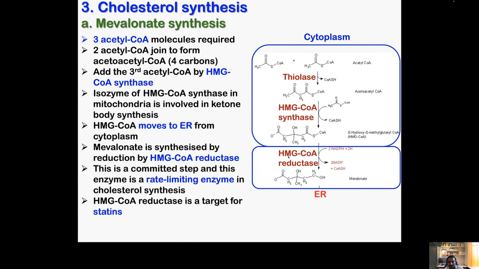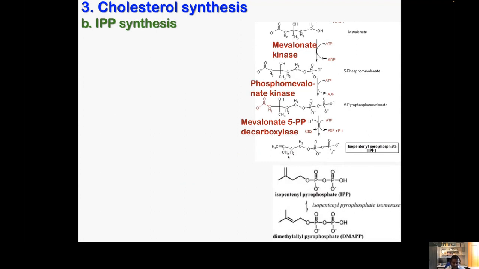The statin will bind to this enzyme and reduce cholesterol biosynthesis. So mevalonate, a 6 carbon containing molecule, is produced utilizing 3 acetyl-CoA. The important enzyme here is HMG-CoA reductase, the rate limiting enzyme controlling the entire cholesterol biosynthesis, and the target for statins.